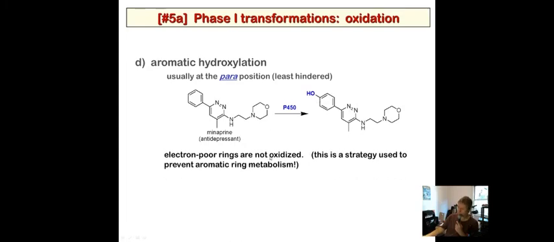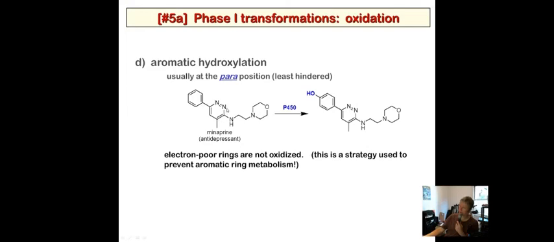Electron poor rings are not oxidized, and this is actually something we can use to prevent ring metabolism in drugs. So in this case, the nitrogen has a lone pair that can kick in to this benzene. The benzene we consider electron rich due to both of these nitrogens that can electronically kick in.